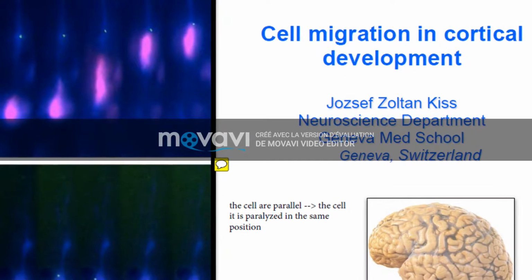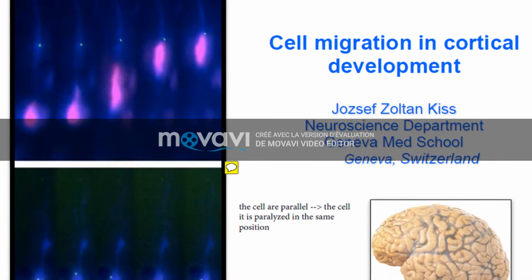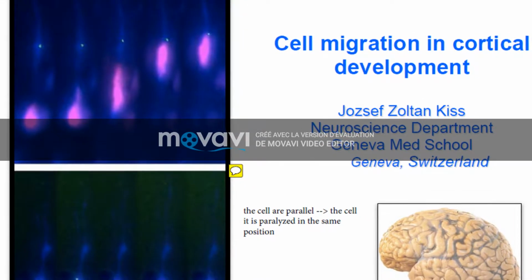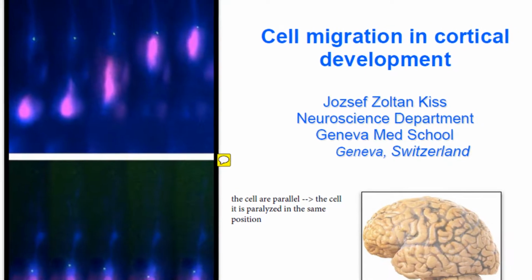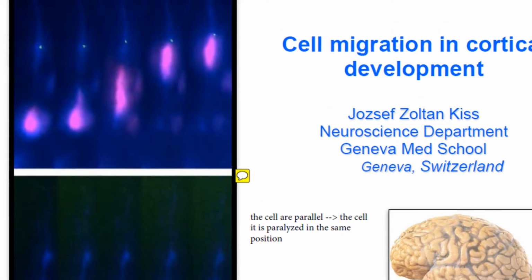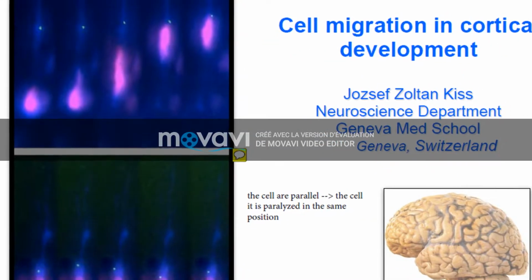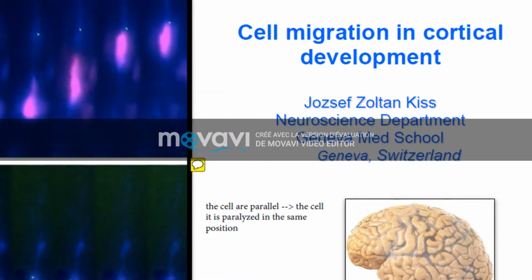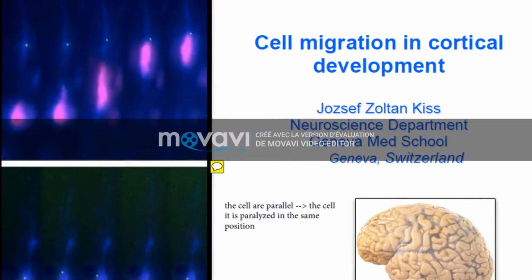It's a complicated issue. What is really important is that every layer has a different genetic makeup, a different transcription factor makeup, and so timing will determine all the phenotype of these different layer neurons. So the timing of the birth and the subsequent migration are the two major events which generate layers.